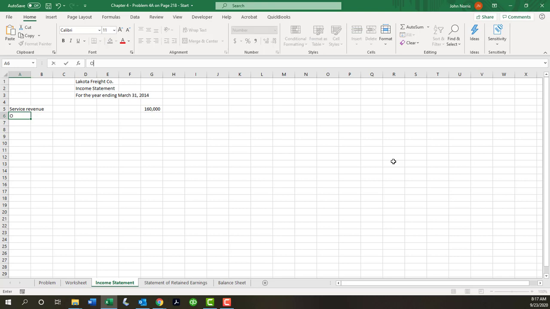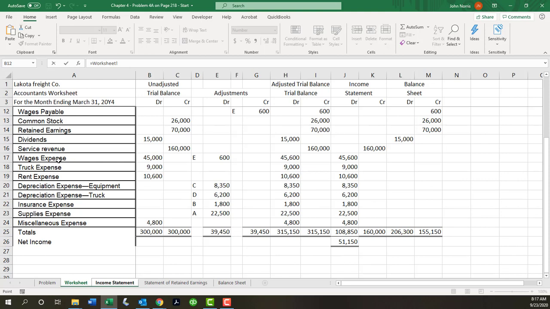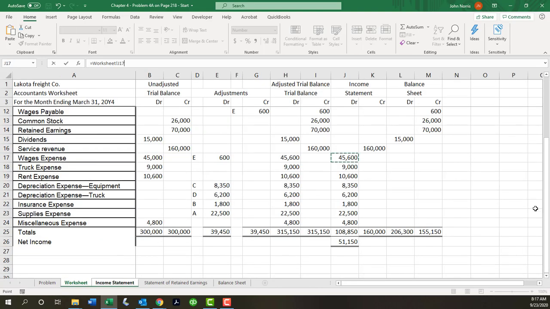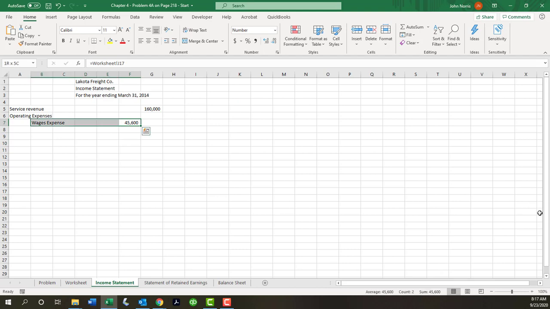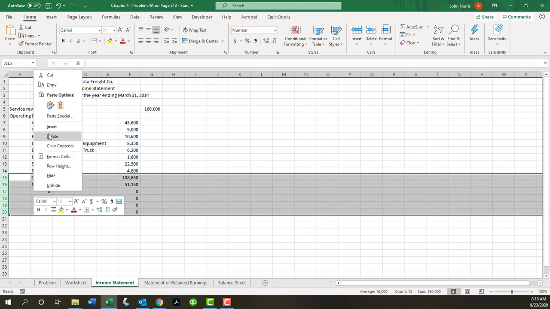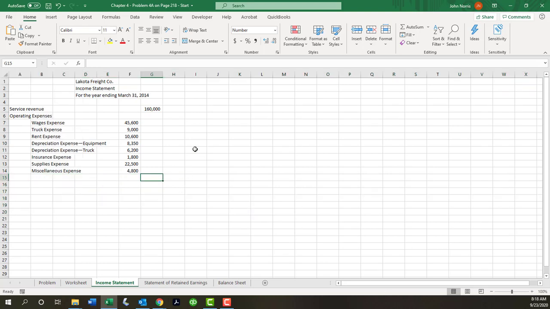Operating expenses consist of wage expense, of adjusted balance of $45,600, and we have all of those expenses. They're all operating in nature.